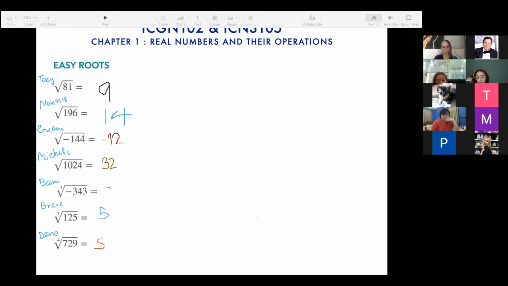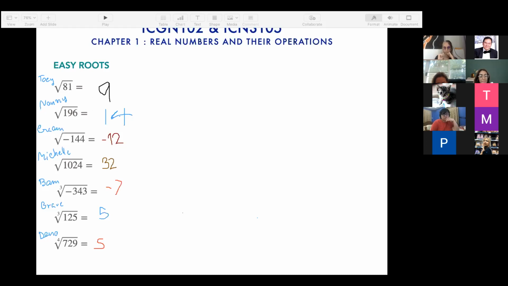Square root of 81. When you consider this, you have to be careful and take a look at the index first. For the first 4 questions, they are all square roots, index equals 2.